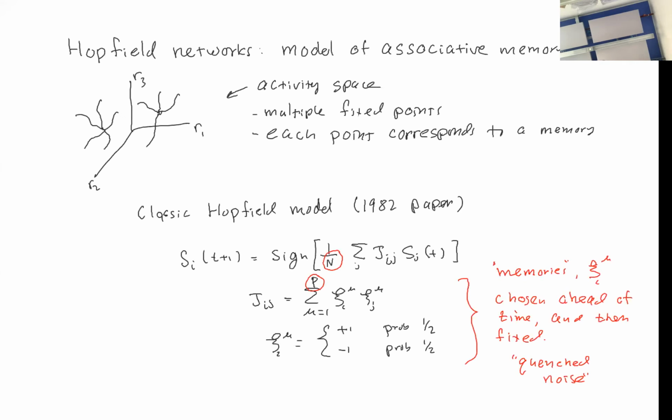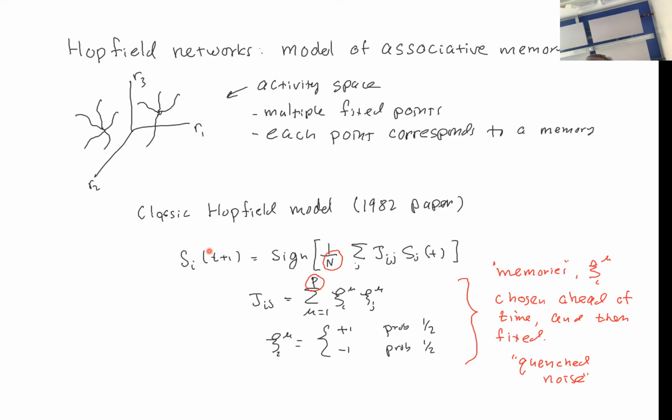One is this dynamics doesn't really look like neurons. Neurons have a membrane potential, they emit spikes. You can think of S_i(t) as 0 for no spike and 1 for spike, or -1 for quiet and 1 for spiking, but it doesn't quite make sense because then every other time step it spikes.